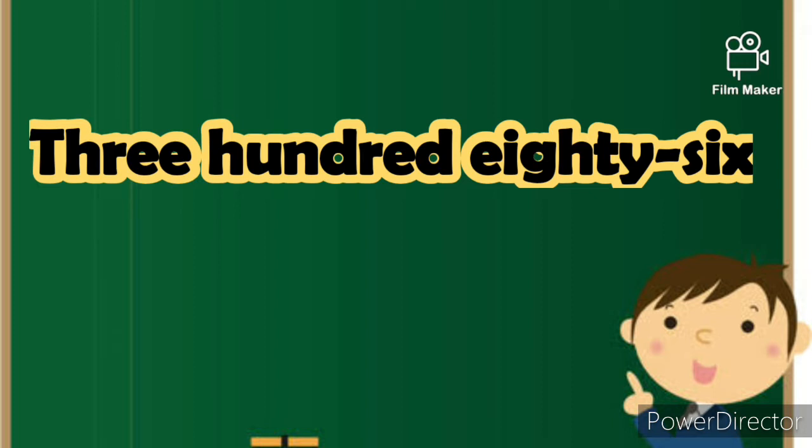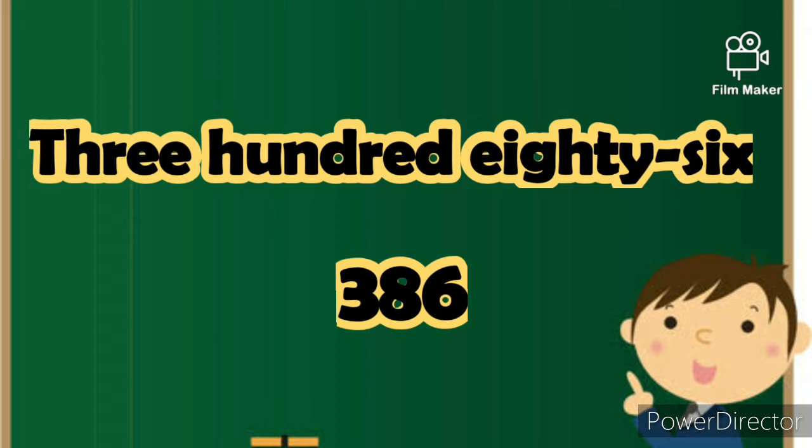The spelling written here is THREE, 3, HUNDRED, 100, EIGHTY, 80, SIX, 6. So the number will be 386.